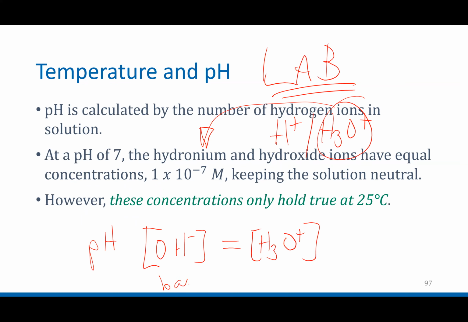So the moles per liter of the acid is equal to the moles per liter of the base. Okay, so pH of 7, everything's equal. But when these chemicals, OH- or H3O+, are not equal, pH changes, okay?